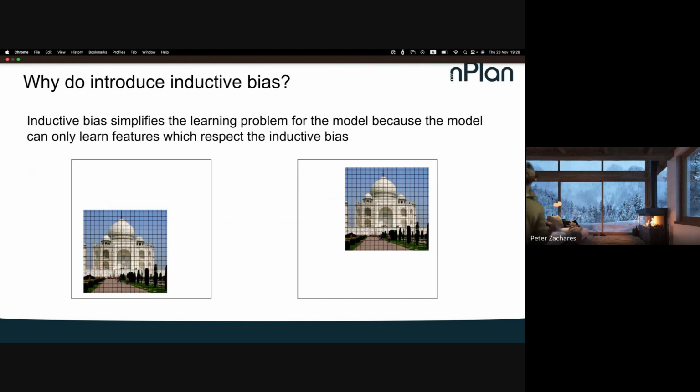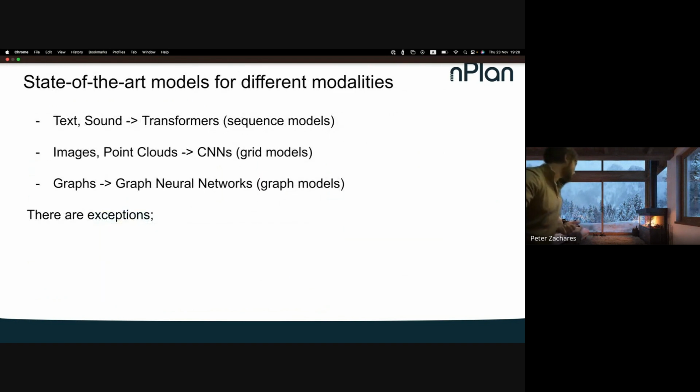It means your model can only learn features which also contain these invariances. Instead, you'd have to throw so much data at it that the model would learn that this invariance doesn't matter. So it makes the models much more data efficient and more effective. Sometimes you can't even learn the invariances that you would like to learn.